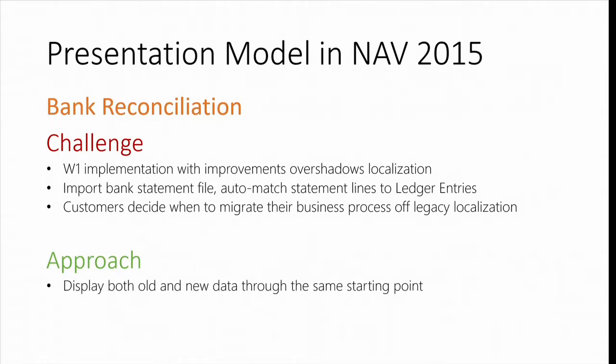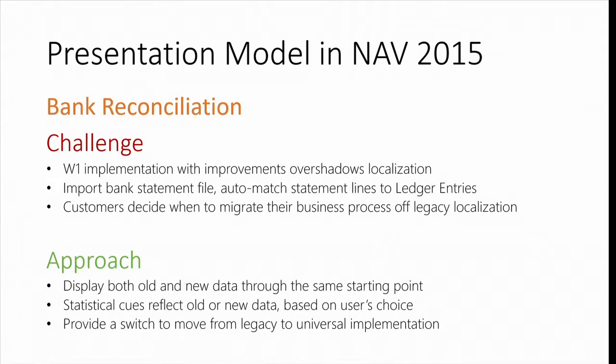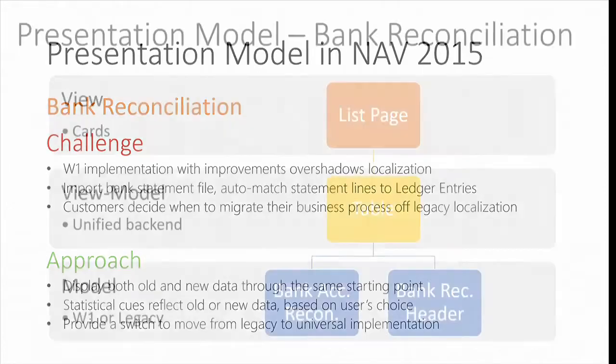How did we do this? We decided to offer the users a single point to start from, and from that one, if they stick to the local old data, they can still use it from the same place. If they decide to move on and migrate their functionality to the universal W1 implementation, they have the chance. And as they use the role centers, all the statistics showing up on the role centers will reflect the right numbers depending on their choice. And the choice is easily made through the general ledger setup.